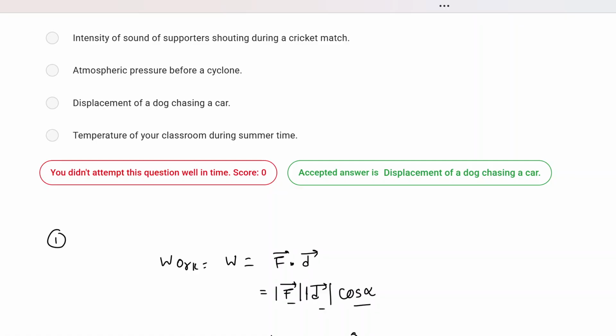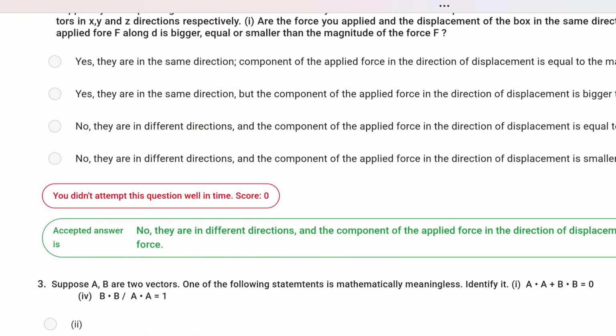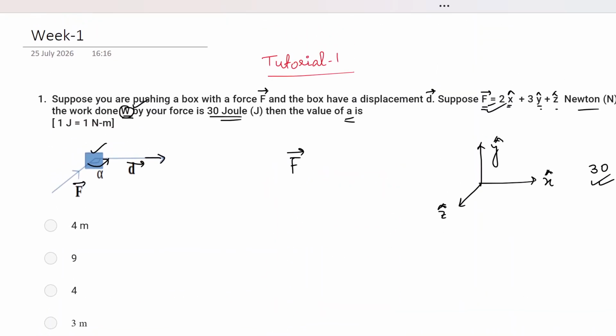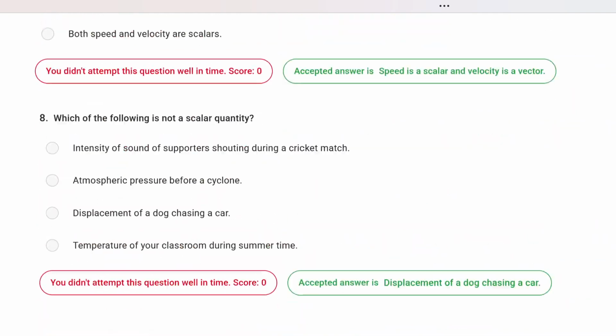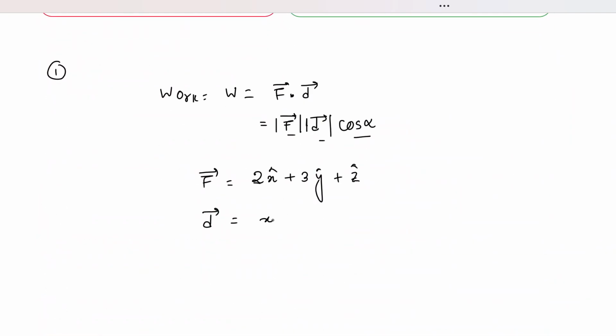And similarly, you have your displacement also expressed as a vector, which is x cap plus a y cap plus z cap.